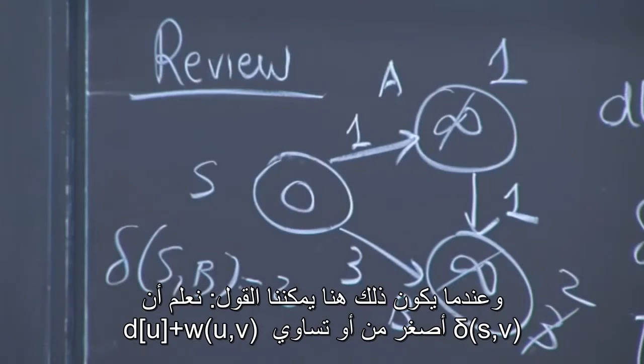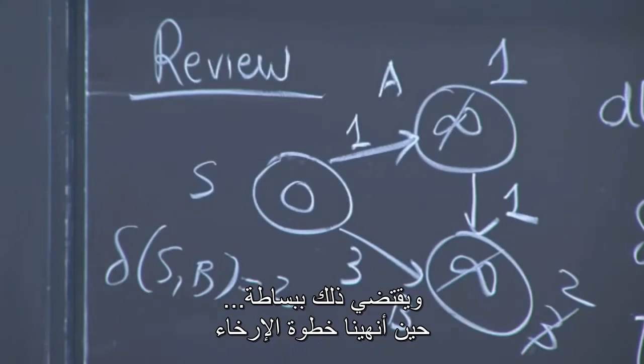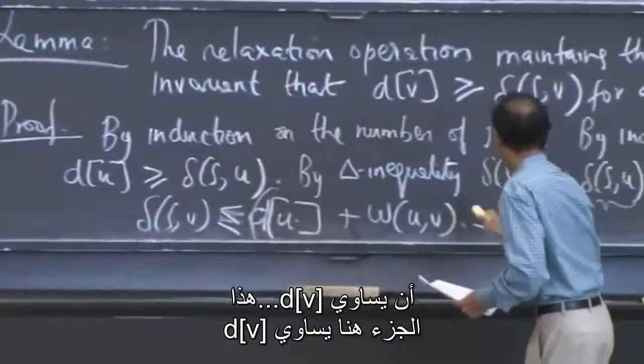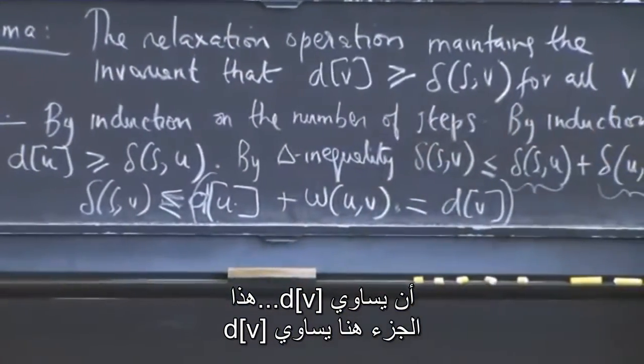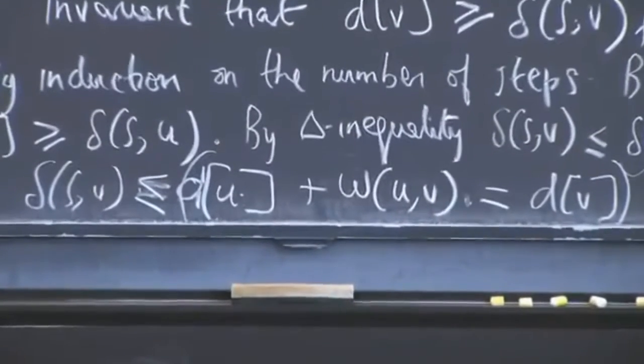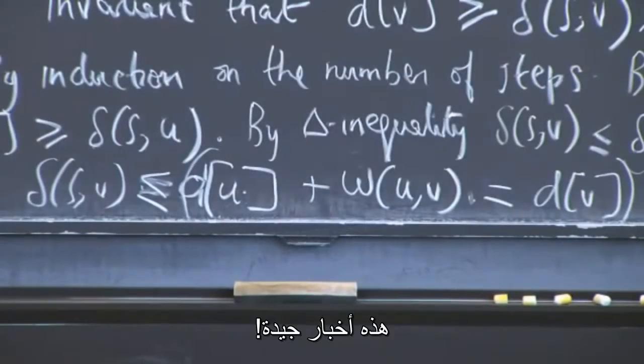And so once we have that here, we can essentially say we know that delta(S,V) is less than or equal to d(u) plus w(u,v), which implies, of course, once we're done with the relaxation step, that this part here equals d(v). Okay? That's how that works. So that's good news.